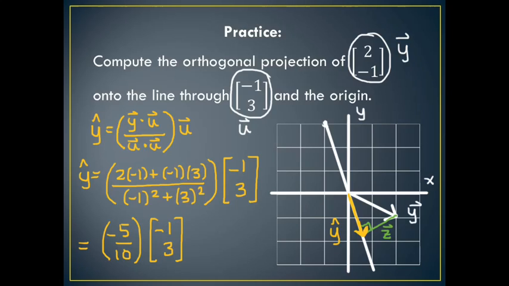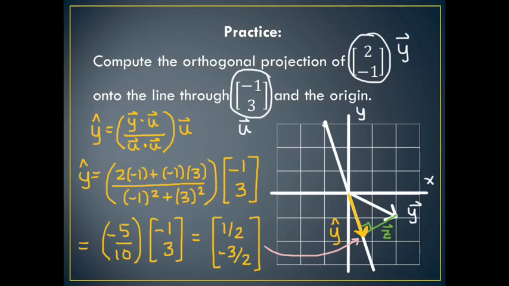That's negative 5/10 or negative 1/2 if you simplify, times my vector. Multiply and simplify, I get 1/2, negative 3/2. And you can see that that's exactly where the tip of y hat is in the picture. Okay, so there's my orthogonal projection. That's all there was to it.